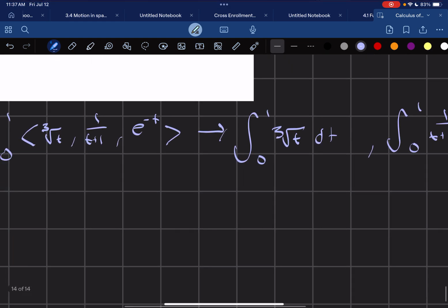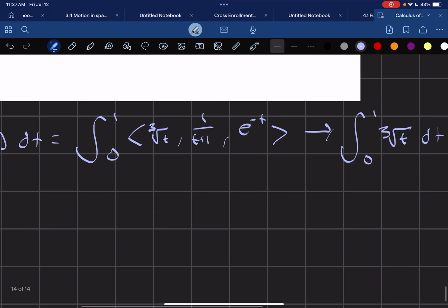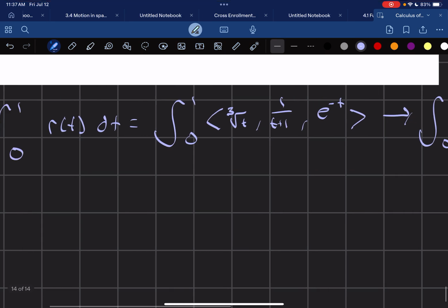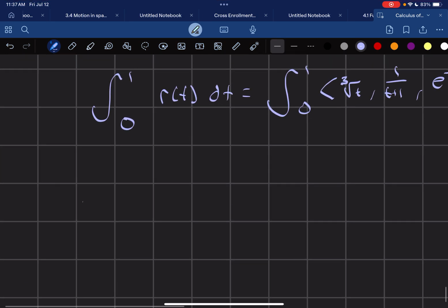First things first, let's solve this integral, the integral from 0 to 1 of the cube root of t dt, which equals the integral of t to the 1/3 power dt.